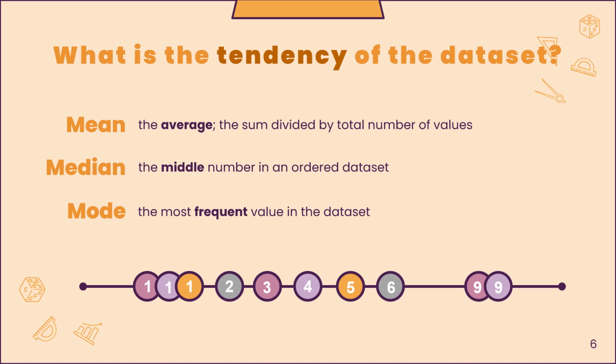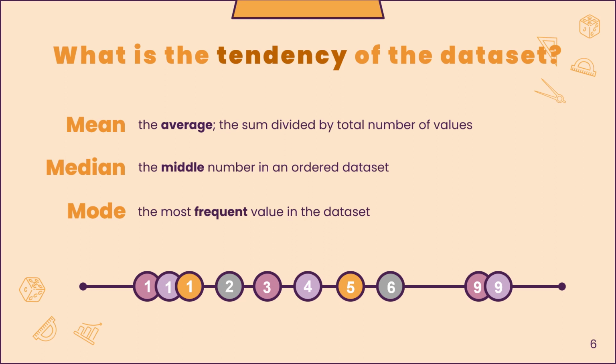What is the average? This is actually a pretty complicated question statistically, which is why we have multiple measures of central tendency. The main measures of central tendency that we have are mean, median, and mode. So the mean, the average, that's the sum divided by the total number of values.